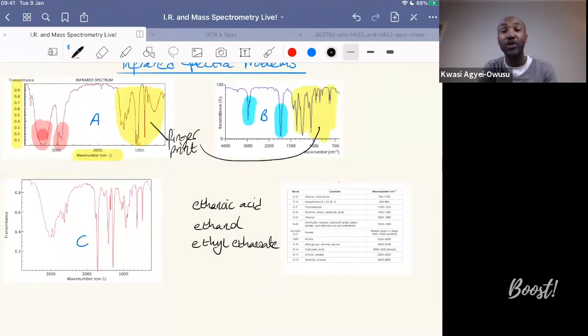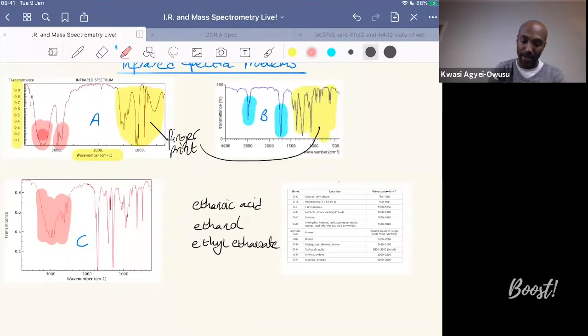Okay, and if we do the same for C, we've got a very strong absorption. If we pick a different highlight color, if we perhaps go to peach again, got a very strong absorption here. And again, we'll need to refer to our data table to identify what bond that corresponds to.